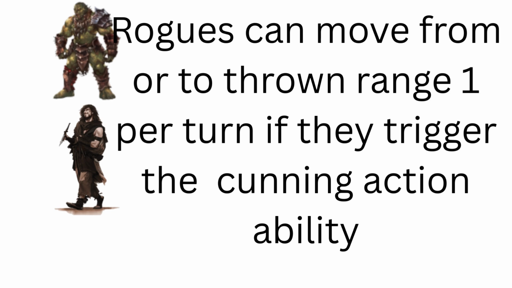How I would handle this is to allow the Rogue to move from or to throne range from melee range, but only be able to do this once per turn, so as not to abuse the ability by taking multiple Cunning Actions and thus moving faster by Theater of the Mind movement.